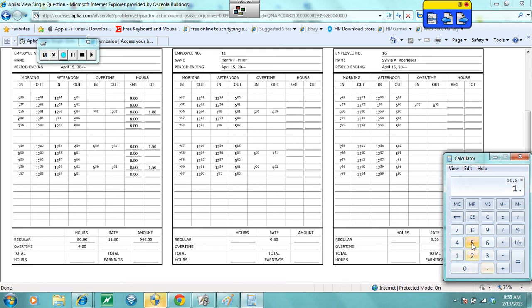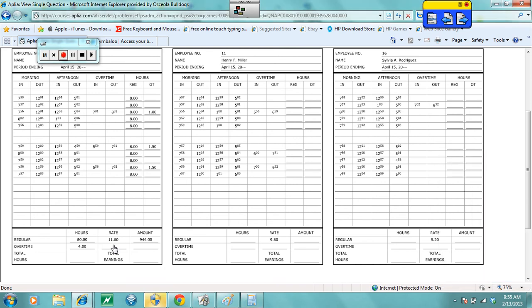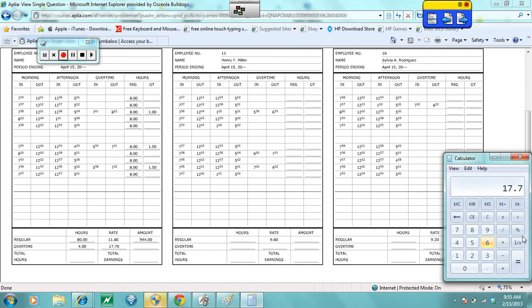That's 1.5. So $17.70 is what they make for overtime per hour. Now, you take 17.70 and you times it by your 4. $70.80.